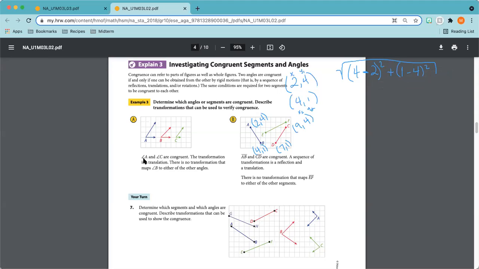Squared. All right. So now I can go ahead. 4 minus 2 is just 2 squared plus 1 minus 4 is going to give me -3. I'm going to go through this quickly because I want to make sure that we finish all the lessons for your test. 2 squared is 4 plus 9 gives me what? Square root of 13. Okay, so that's my magical number.